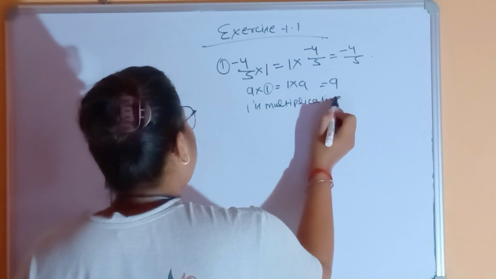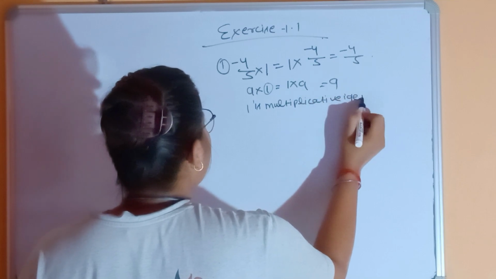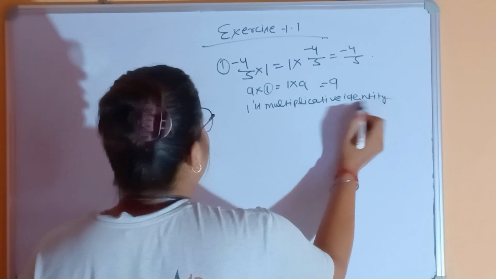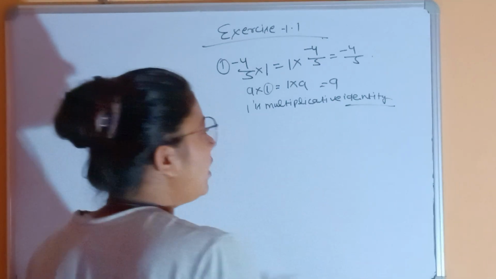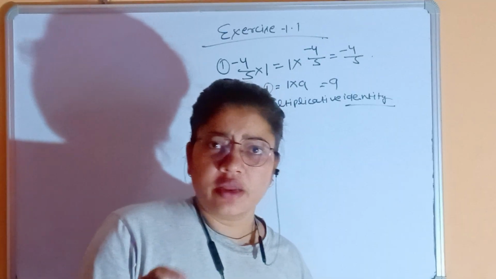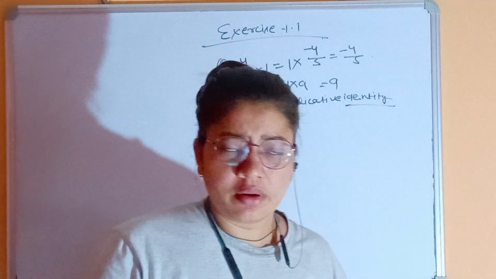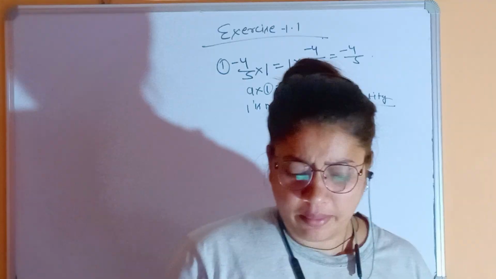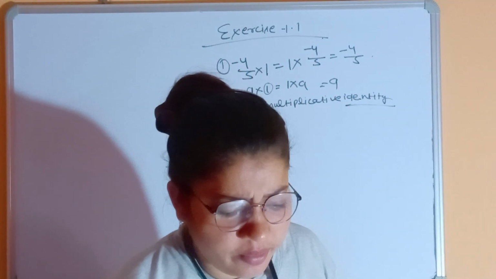The sign of multiplicative identity is that if any number is multiplied by 1, we get the same number.